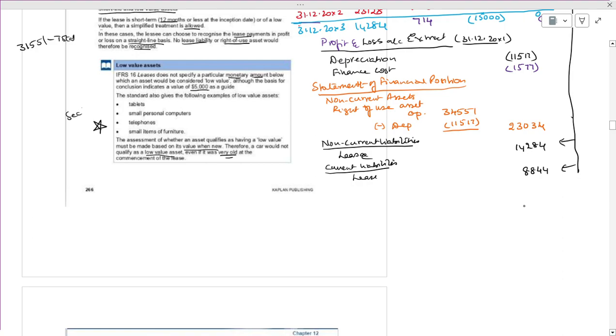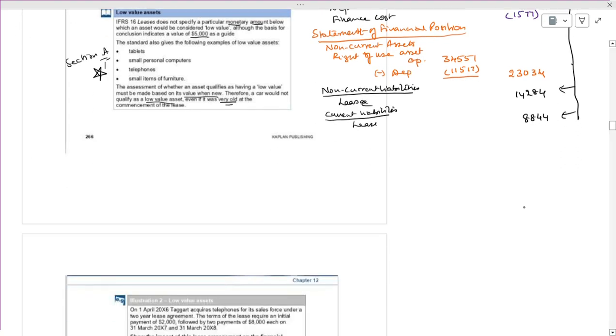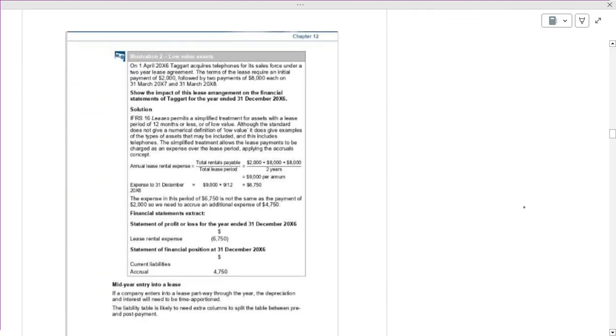It will be in section A. They are talking about low values, and this is only a theoretical one. A company acquires a telephone for sales under a 2-year lease.